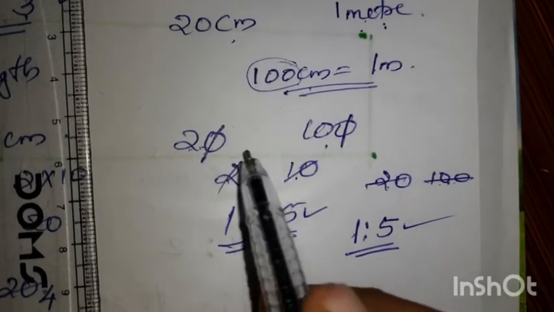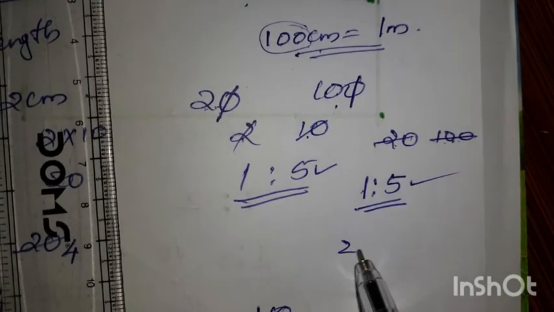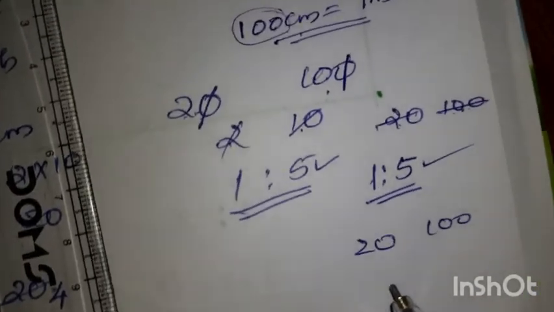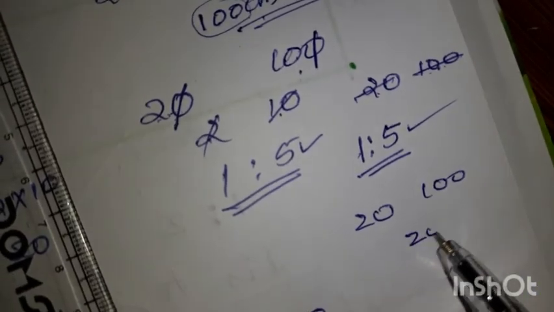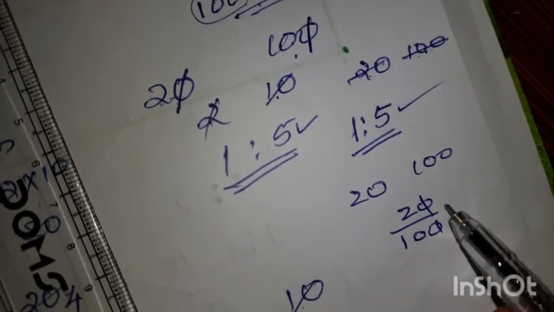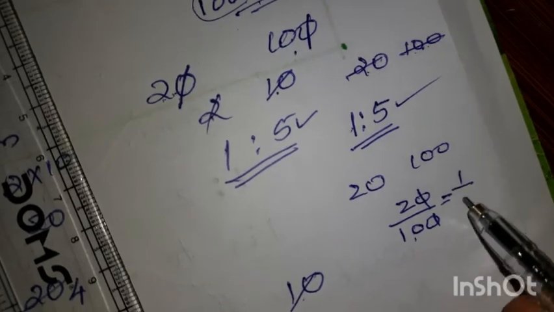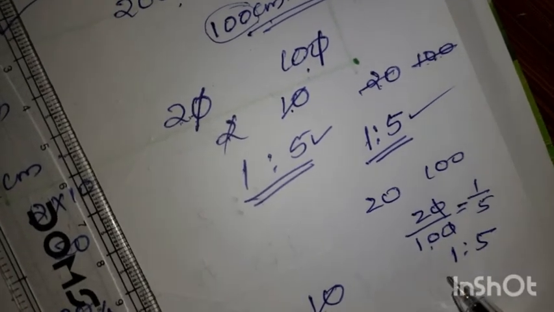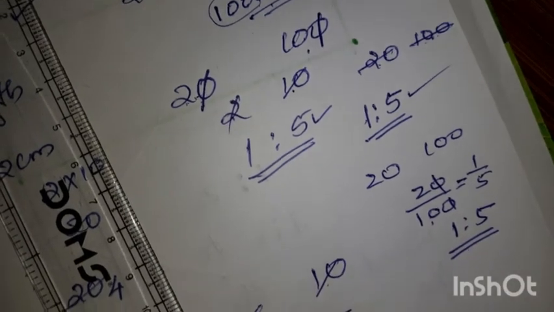Commonly this is written like this only. If we are finding out the ratio of 20 and 100, it should be written as 20 by 100. So zeros will be cancelled. So we will get 2 by 10, which means 1 by 5. 1 by 5 we can write as 1:5. Okay, this is the method.